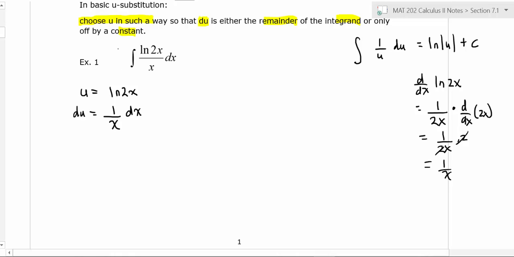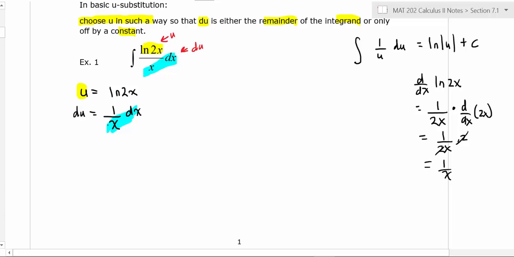So this is a pretty straightforward U-substitution problem. Now I'm going to use a highlighter to show this. This part right here is going to be replaced with u. This part right here, dx over x, is going to be du. So everything is accounted for in this integral. This is where your u is going to go, and that's where your du is going to go.